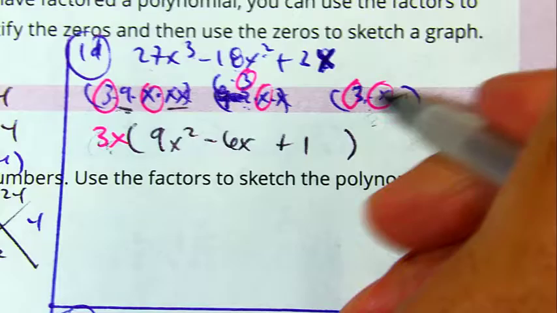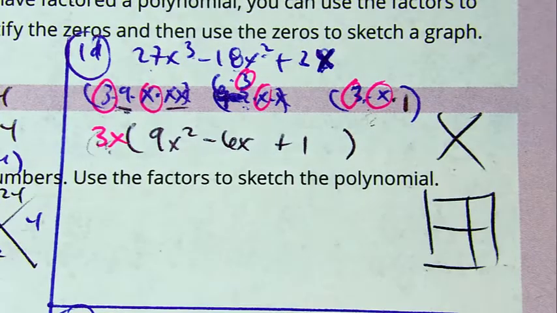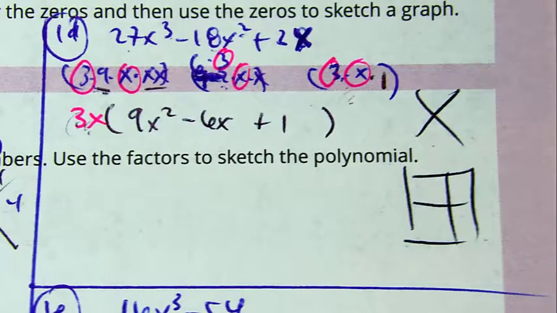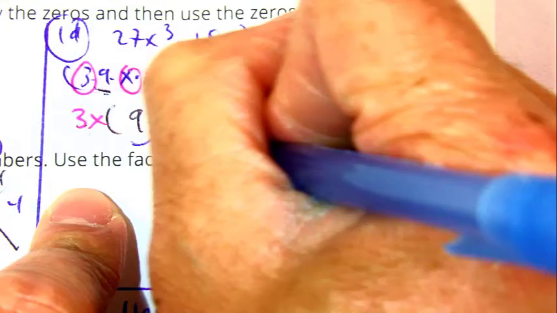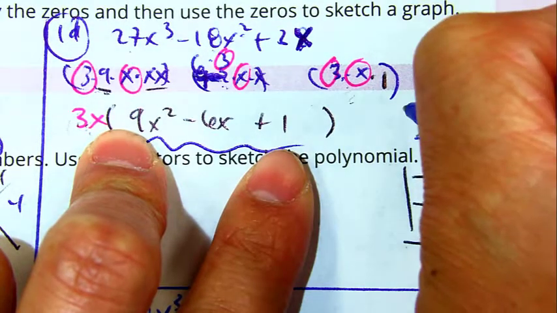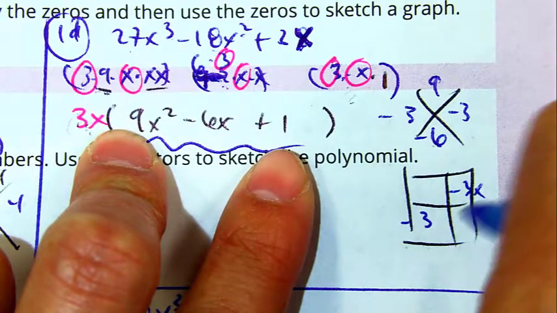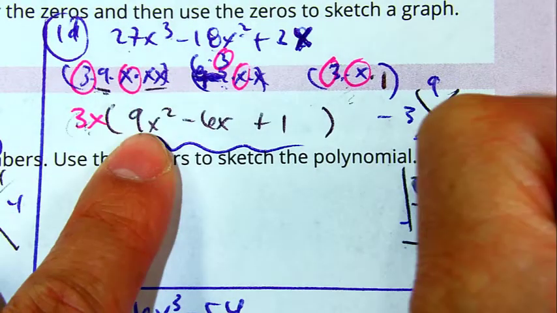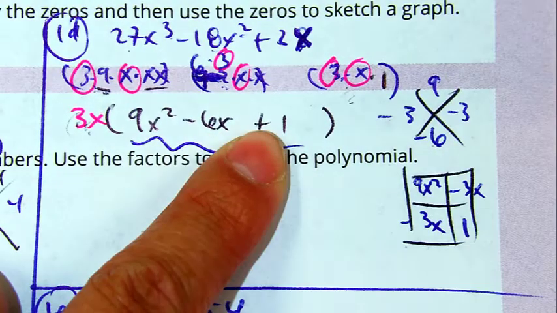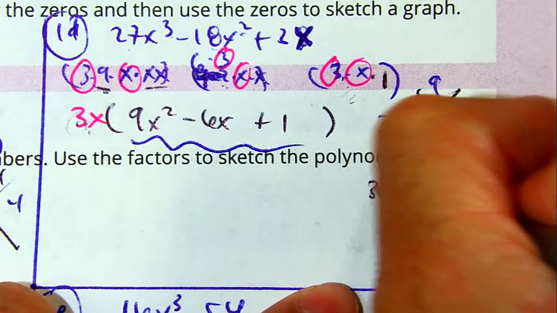And then here I'm just going to use my x box. Inside the parentheses, that's a 9. B value is negative 6. My two numbers are 3 and 3, negatives. I have 9x squared, positive 1. I need to get numbers on the outside here. 3x, 3x.